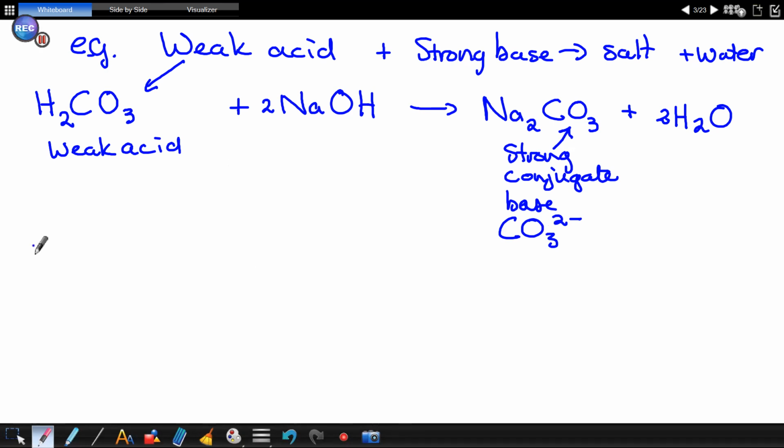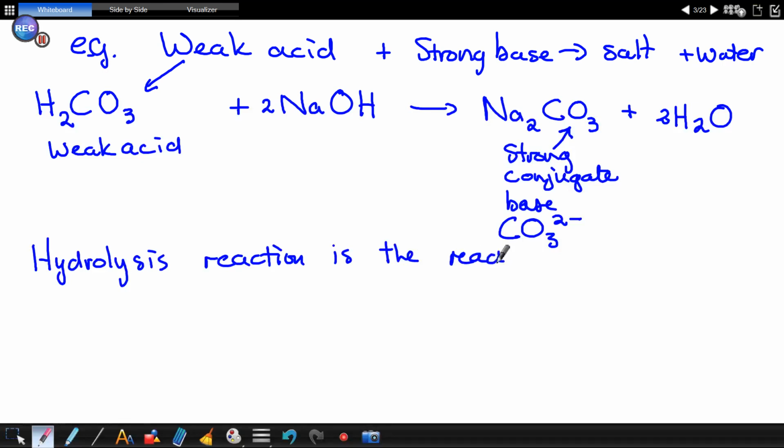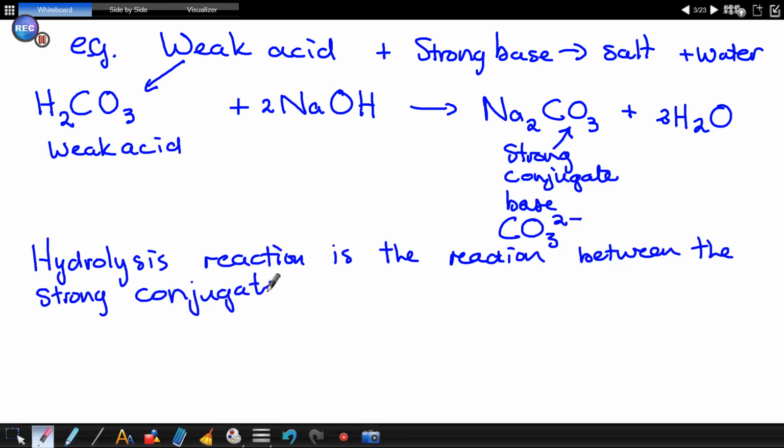So the hydrolysis reaction is the reaction between the strong conjugate base and water.